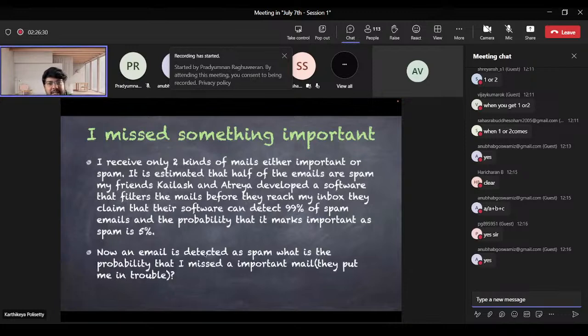Now, when an email is detected as spam, what is the probability that I missed an important email? That is, they put me in trouble. You can try this question and we'll provide the solution for you in the slides. When you see such situations, you can think of applying Bayes theorem.